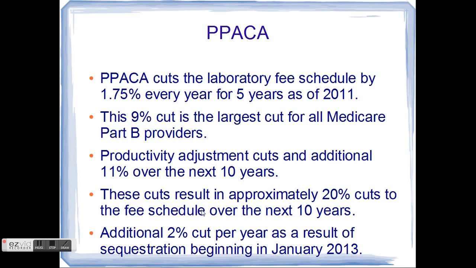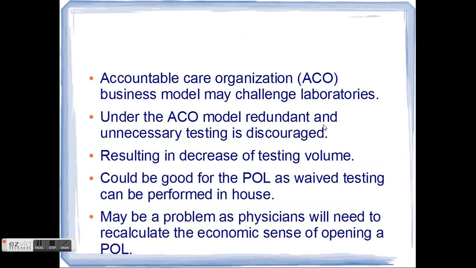So again, if you look at the 9% and the 11%, that's about 20% over the next 10 years. Additional 2% cuts per year are also slated as a result of sequestration beginning in January 2013. So now you're looking at probably a 22% cut. And again, this is less than 2% of Medicare spending.